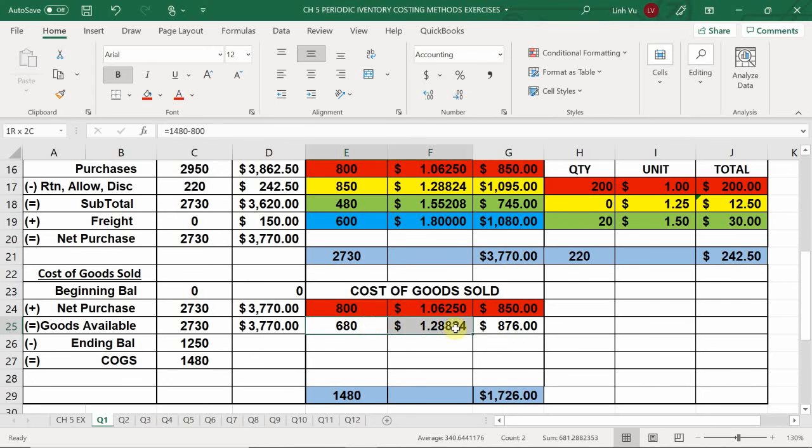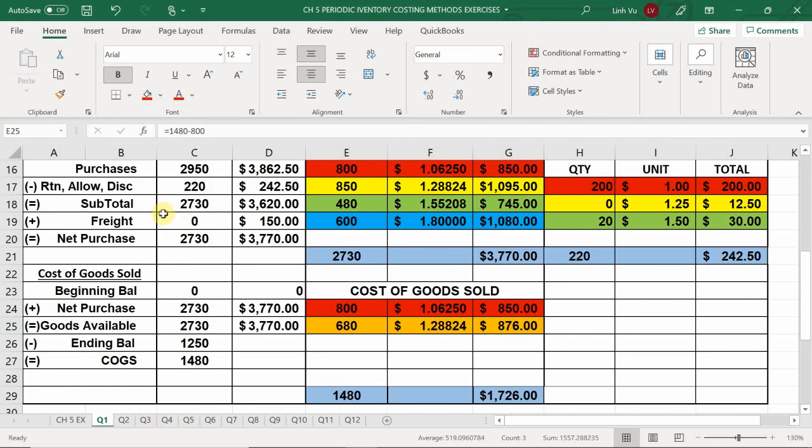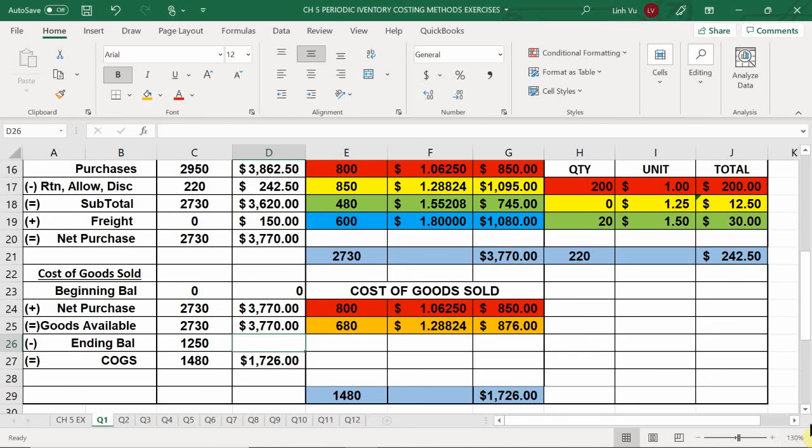I know that this belongs to my yellow batch. So now I have a total of 1480 units, costing me a grand total of $1,726. So therefore, what is my grand total amount in my ending balance?